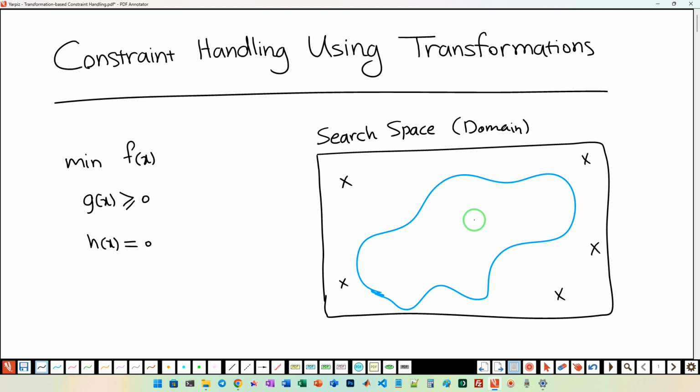There are several methods. One way is to make sure that we search just inside this space, and if that can happen, then we are not wasting our search capability and processing power on checking infeasible solutions.